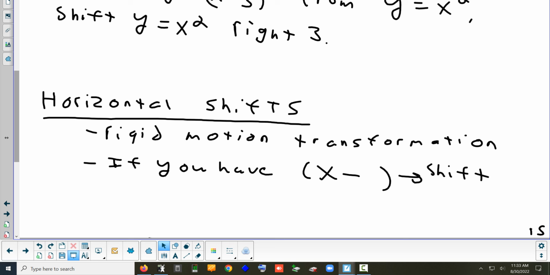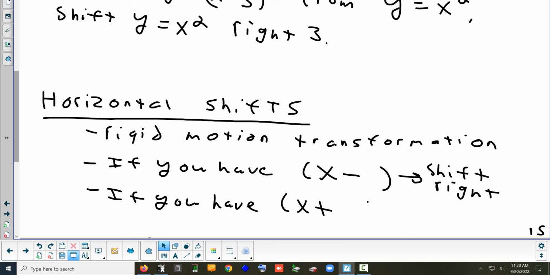Minus goes to the right. Normally you would think minus would go to the left. You think of a number line. But it doesn't work that way. If you have x plus a value, plus is going to shift left.